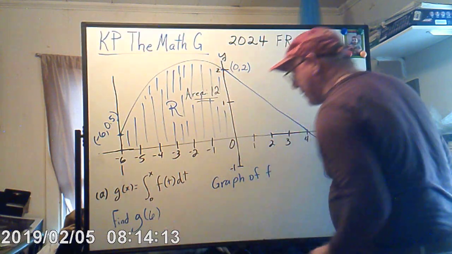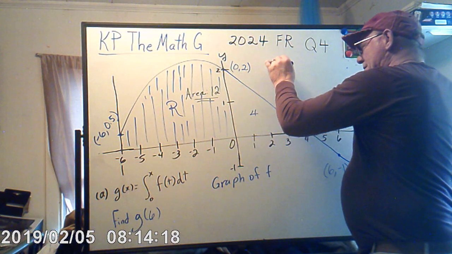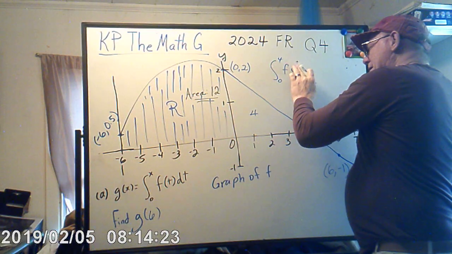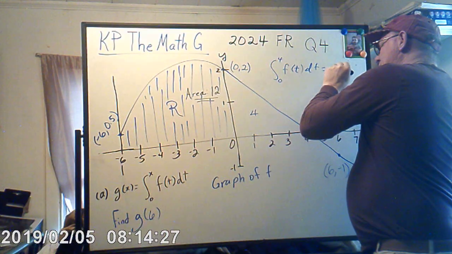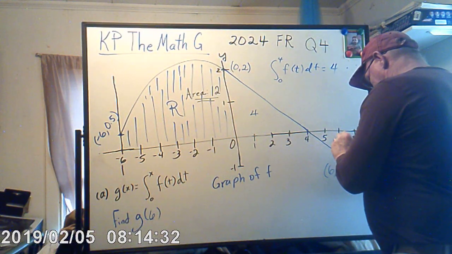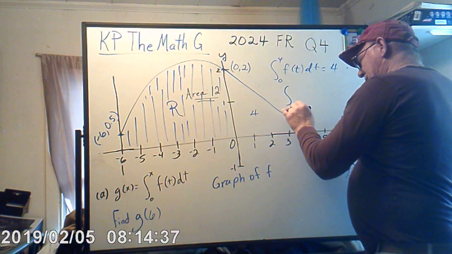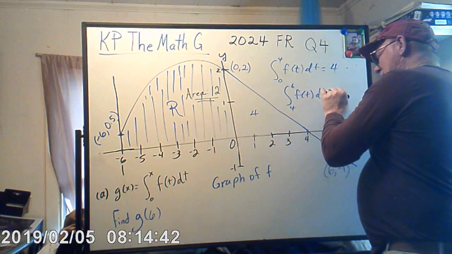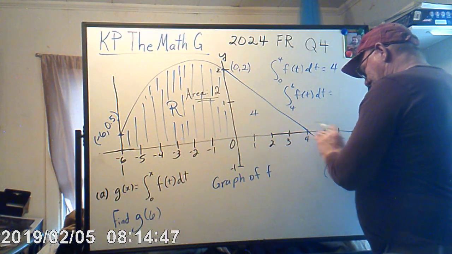Now we already know that this area is 4, so the integral from 0 to 4 of f at t dt is equal to 4. We already know that. So from 4 to 6, make this a triangle, if you will. We're looking at the rest of it from 4 to 6, the integral of f at t dt, and we know that that area is up 1 and left 2.